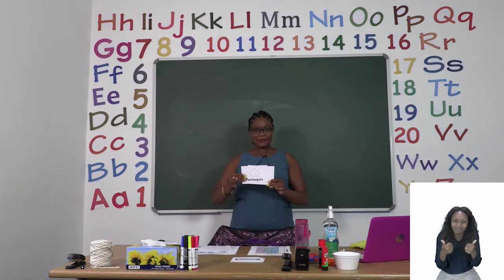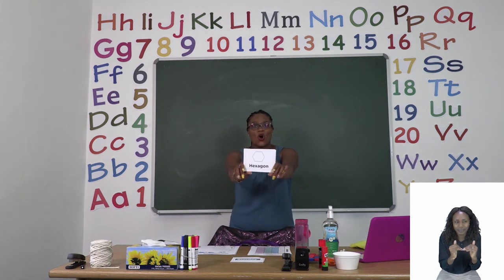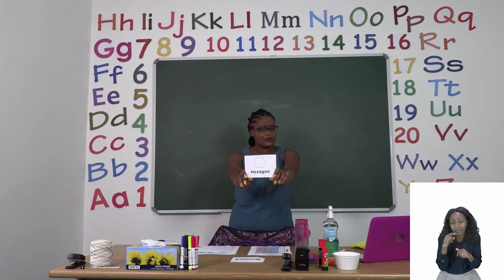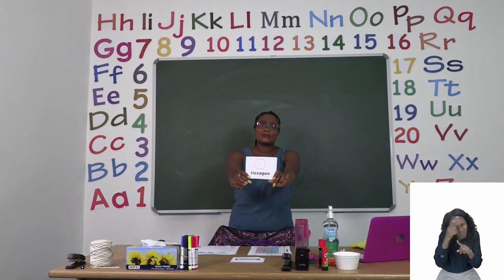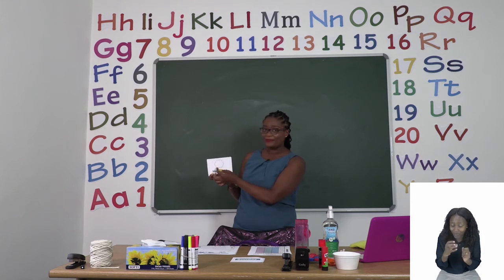The next one that we can see is a hexagon. Everybody, let's say hexagon. Very good. For the hexagon, I'm curious. So we are going to count the sides. Are you ready? Let's count together.